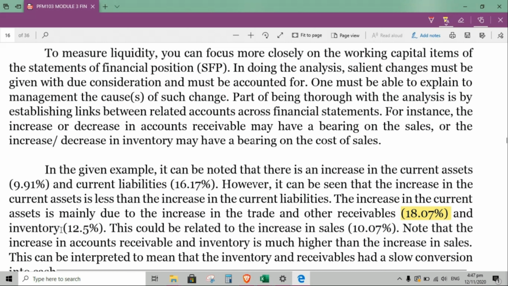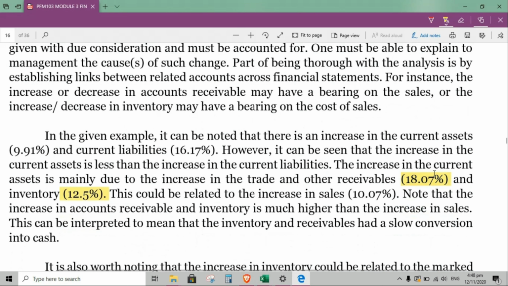At yung inventory niya ay 12.5%. So, mataas. At dahil mataas yan, nag-reflect doon yung results ng current assets, which is, kahit pa paano ay mataas din. Hindi rin siya negative.